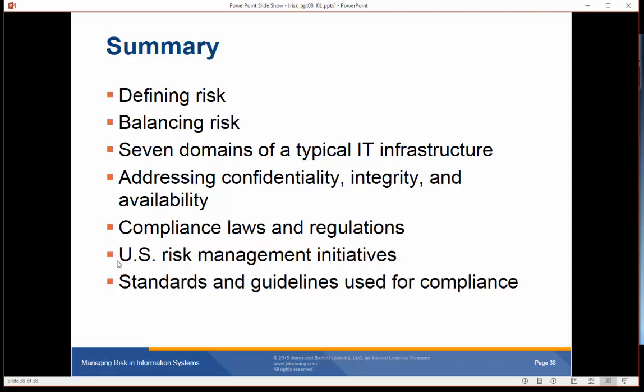Then we talked about the U.S. risk management initiatives, standards, and guidelines used for compliance. We talked about those, the PCI DSS, and we mentioned a bunch of those things. So, a very interesting read in this chapter. A lot of good reading.